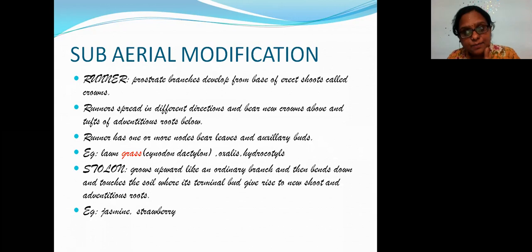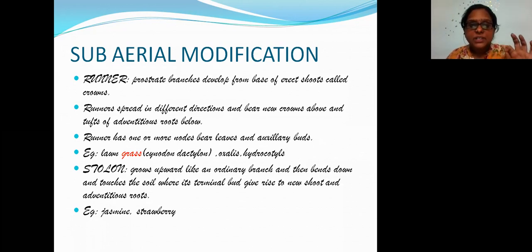Jasmine. Jasmine, what will happen, students? If you grow that jasmine, it actually comes out as a normal plant. Then it starts bending, it will go a little deep in the soil. As it touches the soil, from the touching area a new shoot comes out.